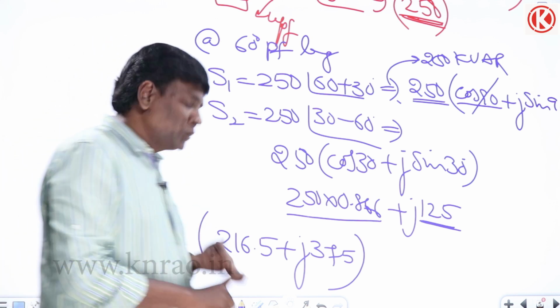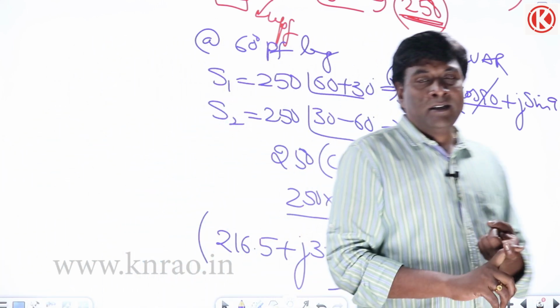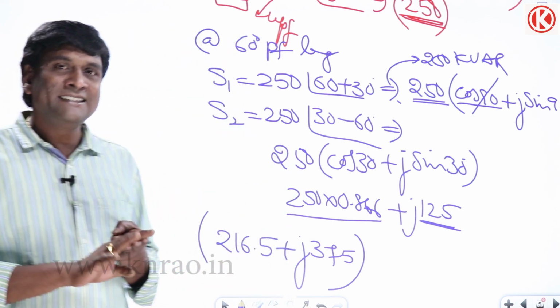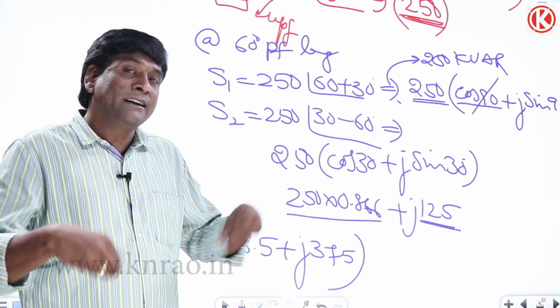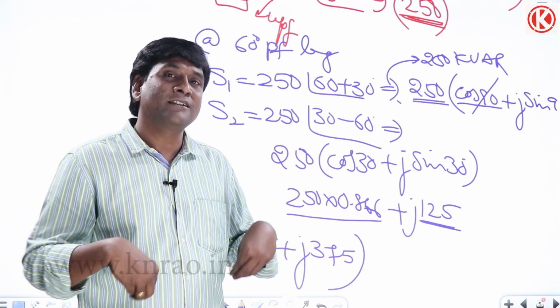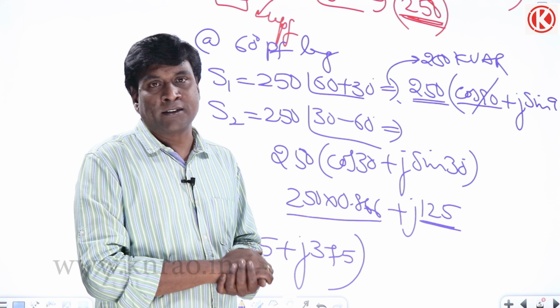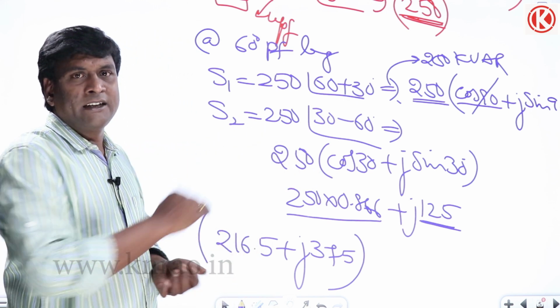So we have taken a unity power factor load, a 30 degrees lag load, and a 60 degrees lag load. Out of these three conditions, reactive power supply and absorption between transformers occurs only at unity power factor, depending upon the equations.